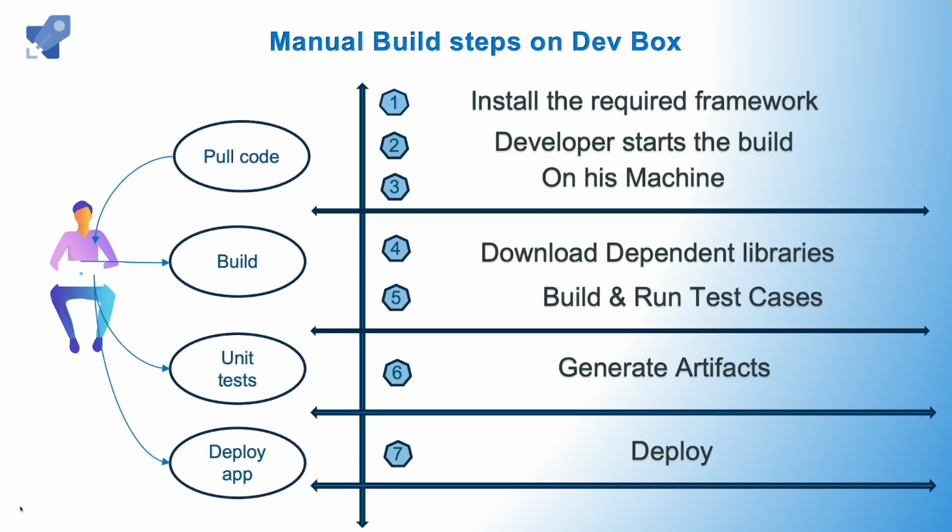They install the required framework like .NET, Java, or Node, start the build on their machine, then dependent libraries are downloaded, the test cases are run, and finally binaries are generated, and those are deployed to a local server.